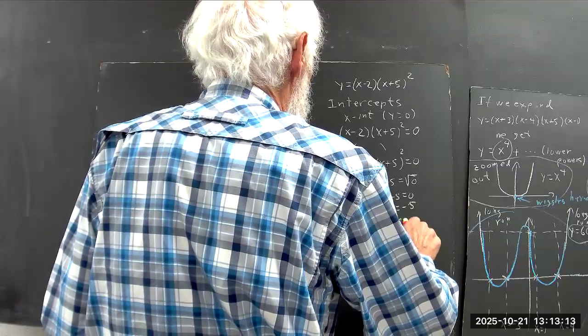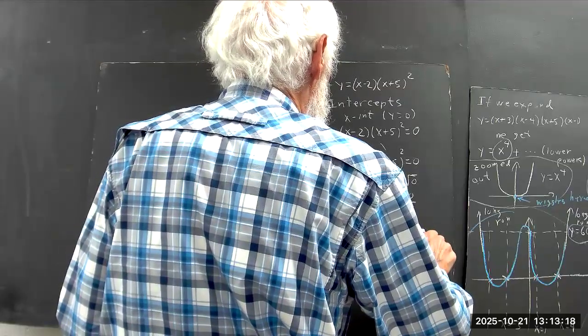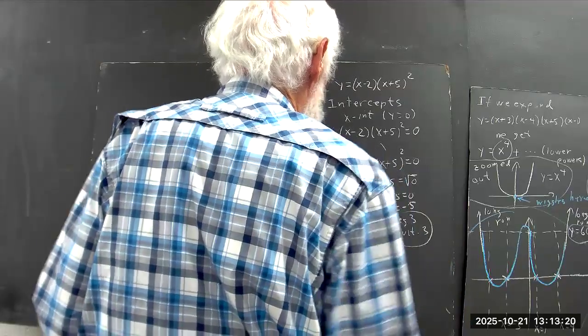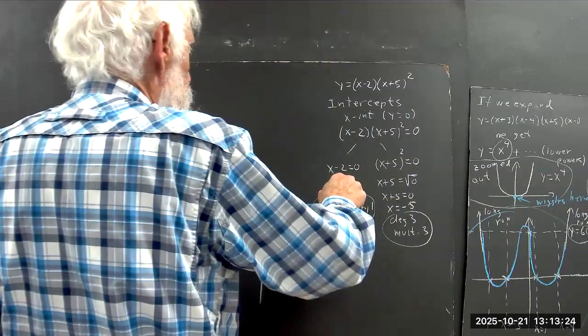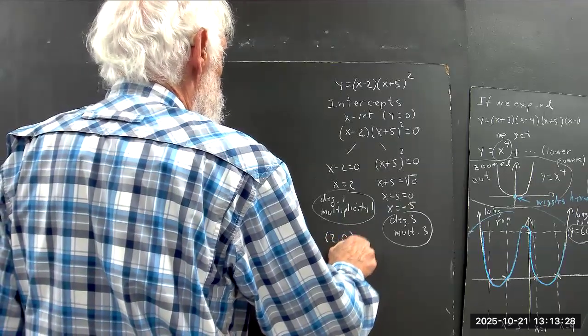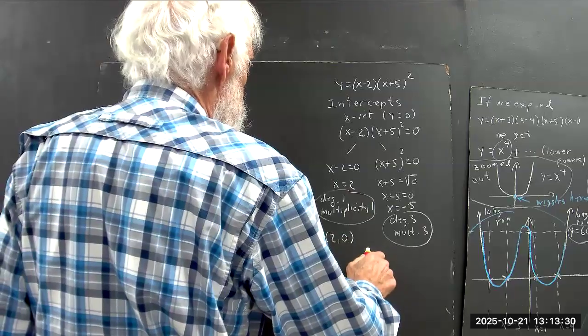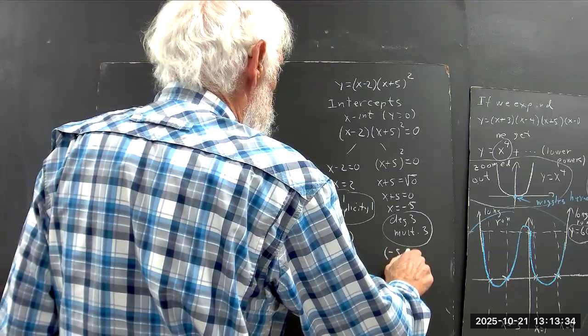Here, degree 3. Multiplicity is 3. Okay, so this gives us the point (2, 0). This gives us the point (-5, 0).